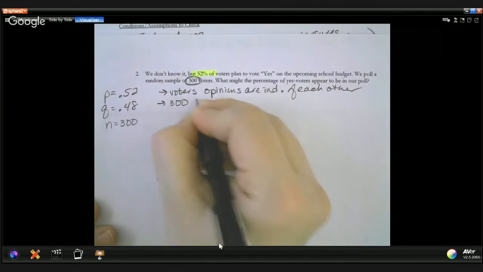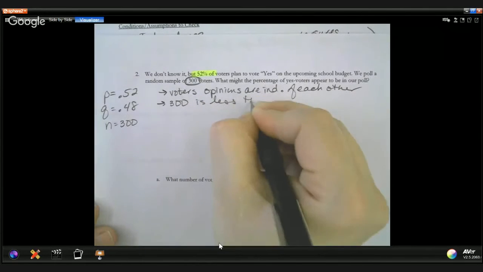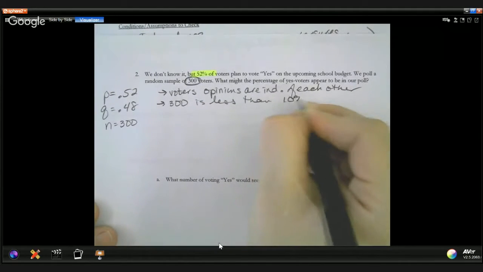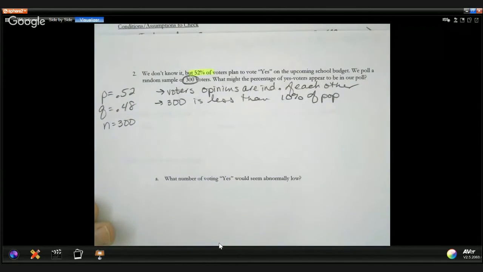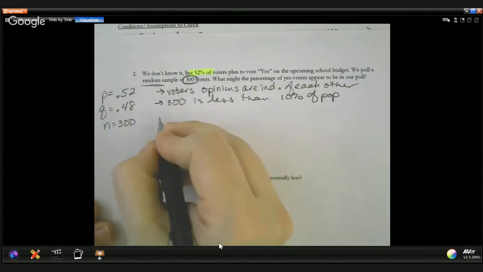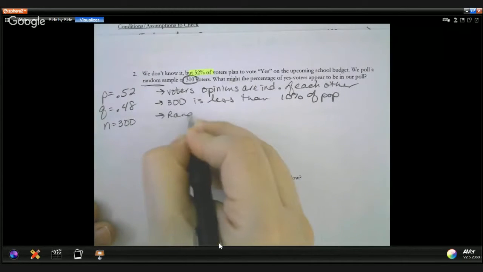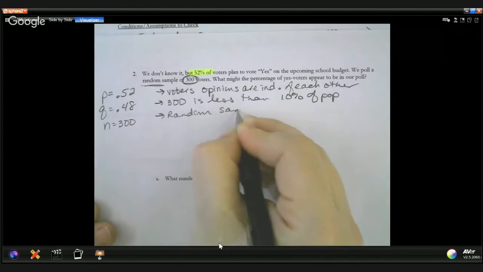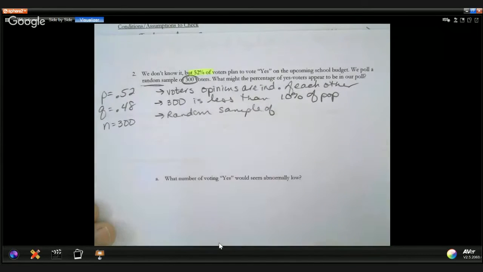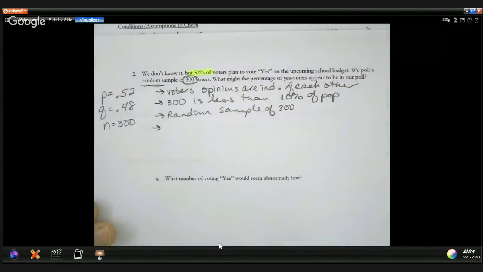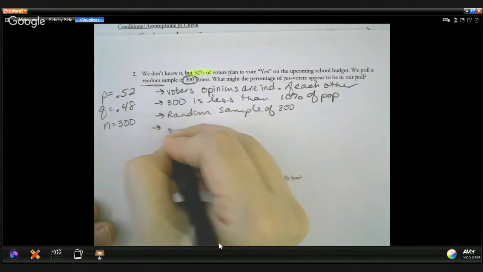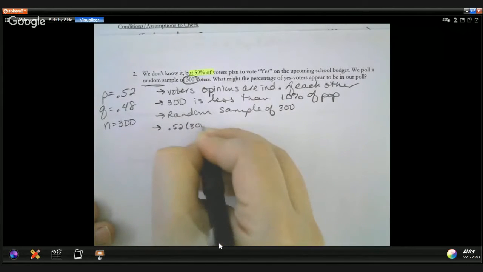$300 is less than 10% of the population. It said we took a random sample of 300. And then we need to find our success and failure. So 0.52 times 300.